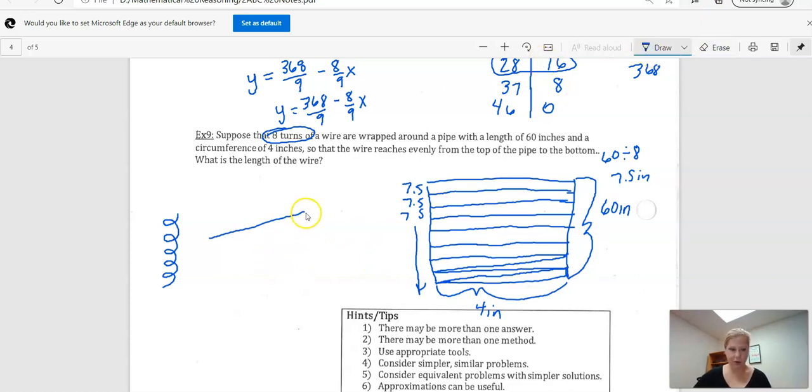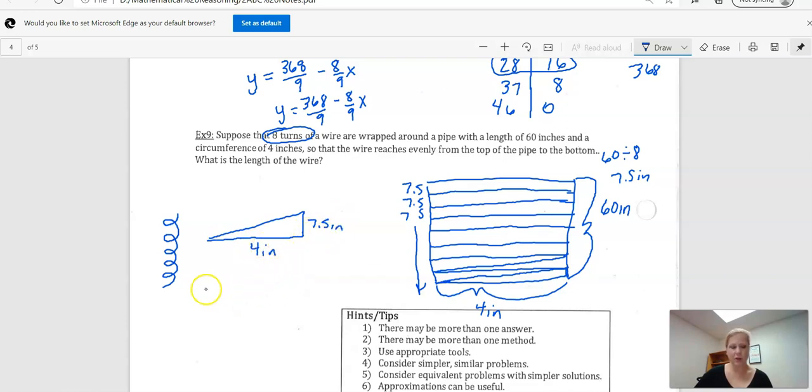Let me show you what I'm talking about. So I pulled out this triangle right here. The hypotenuse of the triangle is actually the length of the wire. This part is 7.5. This part is always 4. Now I know I've not drawn this to scale.